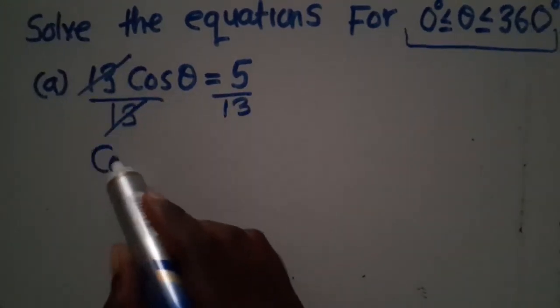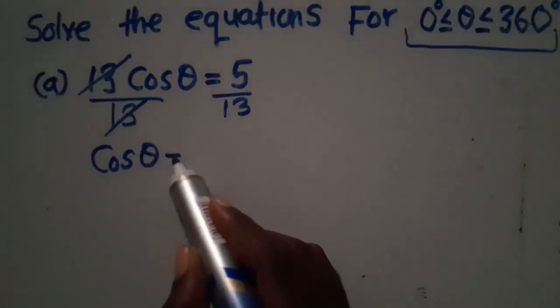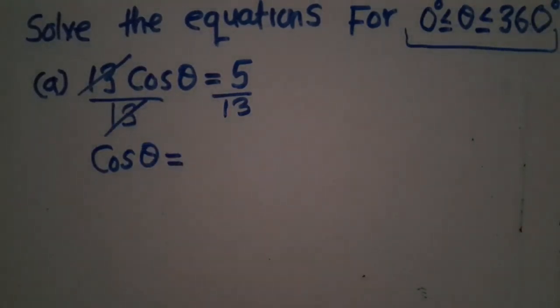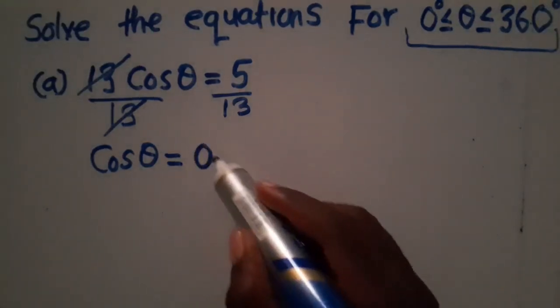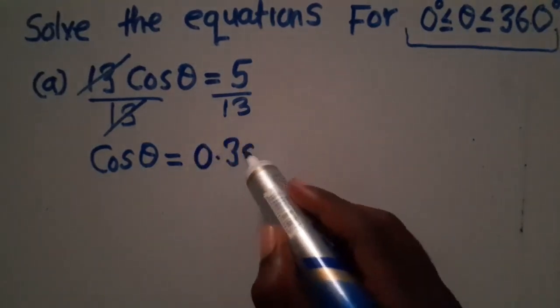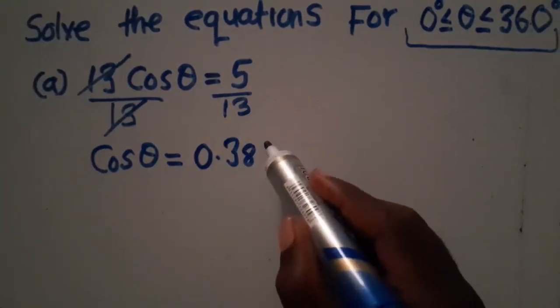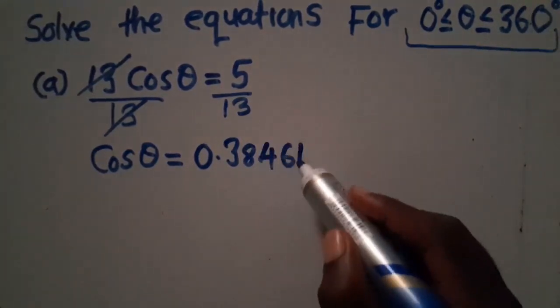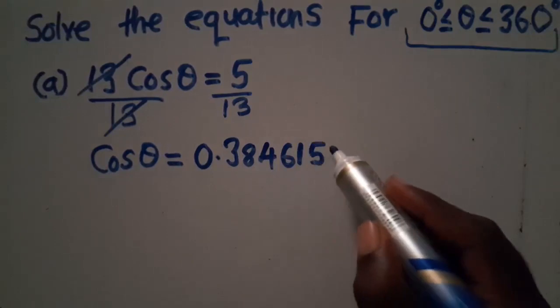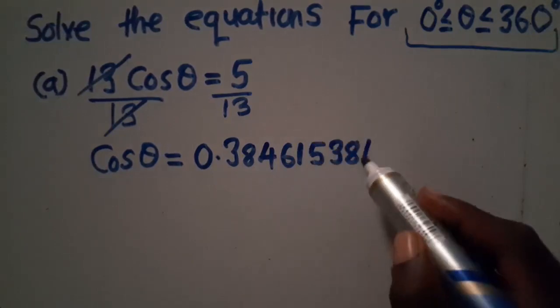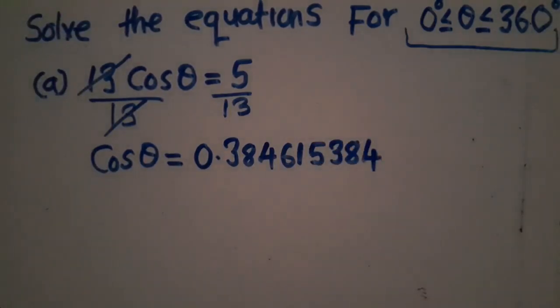We are just going to have cos theta is equal to 5 divided by 13. You get your calculator and divide there. The answer that you are going to get is 0.38461538. So with this answer, you want to find the theta.